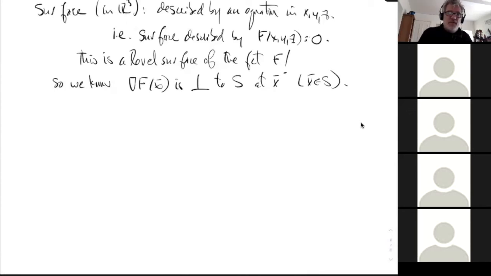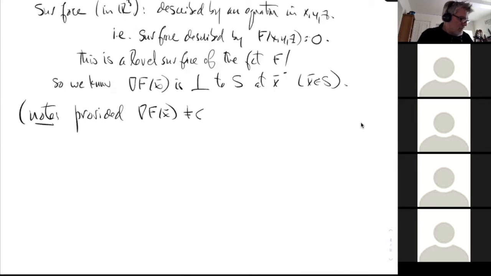We're assuming here that the gradient is not 0. So if the gradient collapses to 0, then none of this works, right? So note, provided the gradient of f at x bar is not 0. Okay, so this is like a bad case, a black hole. You have a place where the gradient goes to 0, that's not good, okay?